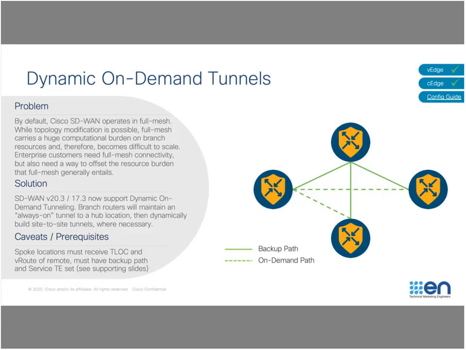Simple math says that's going to be about 400, give or take, tunnels, right? From a full mesh perspective. The problem is we have some platforms that are not capable of 400 tunnels, right? Some lower end platforms like the v-edge 100 is only capable of 250 tunnels.